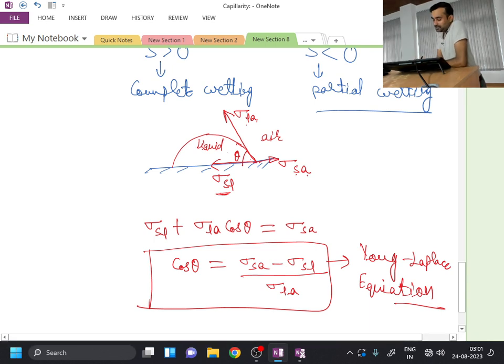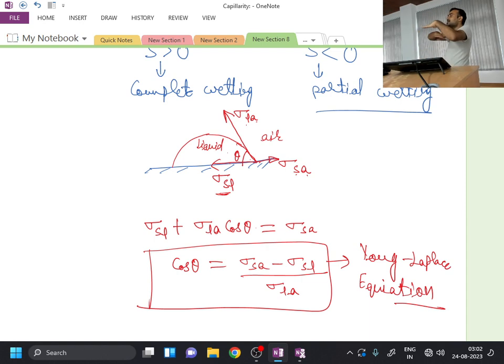Now in this equation, if you consider cos theta equal to 0, then you have the situation of complete wetting. And if you have some angle, then you will have partial wetting. Is this point clear?